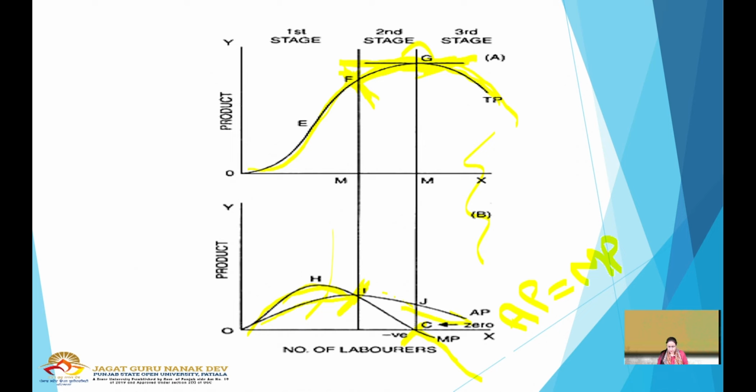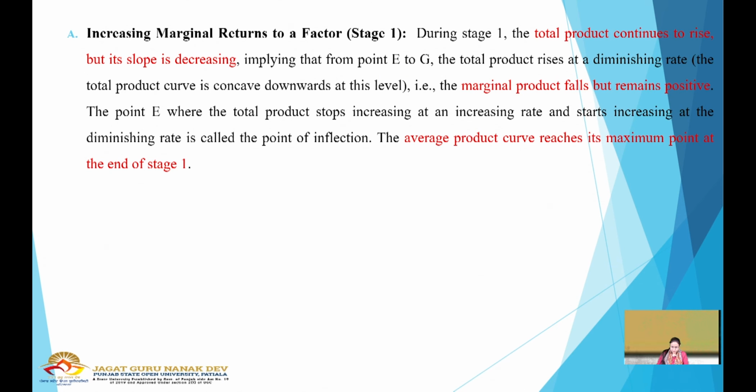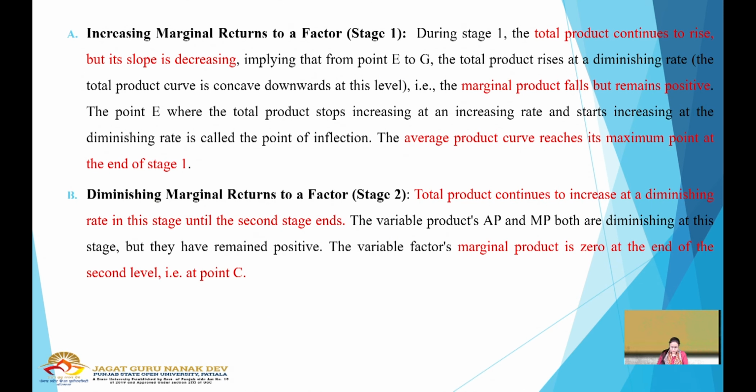After that, in the third stage, MP becomes negative, AP is declining, and even total product is also declining. These are the explanations of the stages.